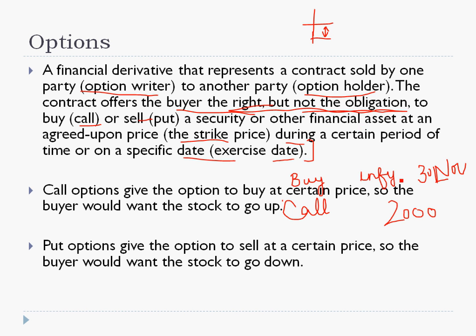For example, if I am sure that the stock of a particular company would go down below, let's say, 1800, I would do a put option with somebody and say that I want to sell the stocks of that company in future at a strike price of 1800. That person would be obliged to buy the stock from me at 1800, whereas in the market they would be available at 1700.